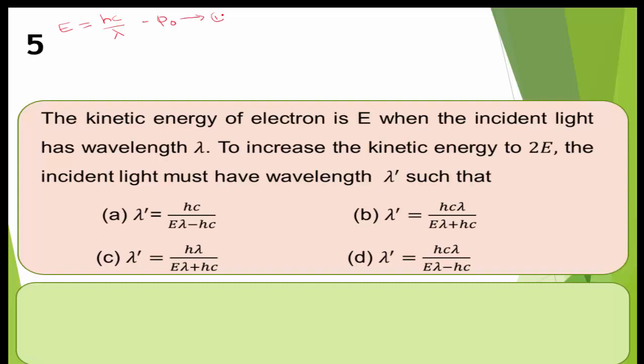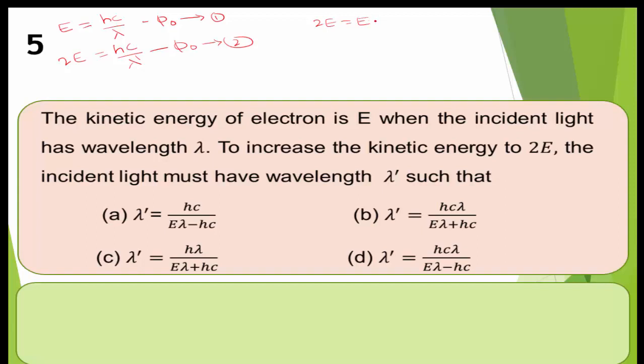This is equation number 1. When we increase the kinetic energy to 2E, we get 2E is equal to h into c divided by lambda dash minus work function. That's equation number 2.